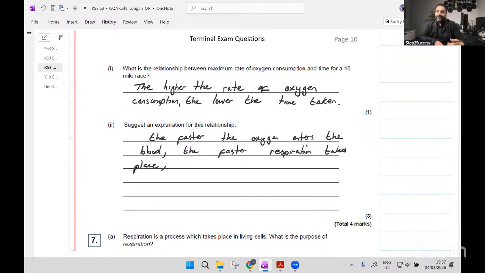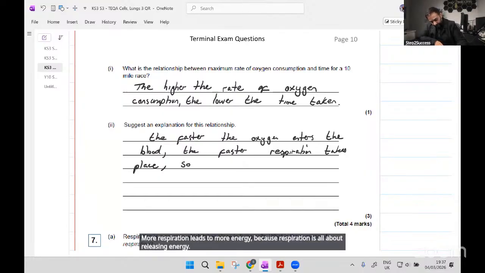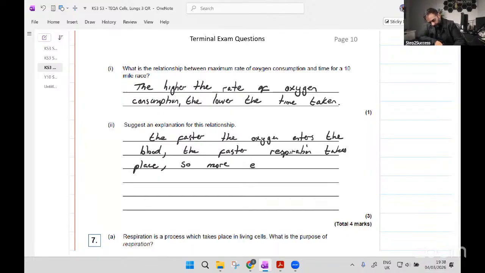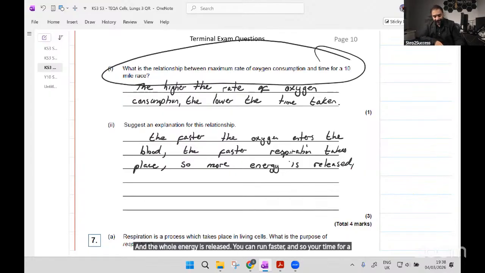More respiration leads to more energy because respiration is all about releasing energy. And if more energy is released, you can run faster. And so your time for a 10-mile race decreases.